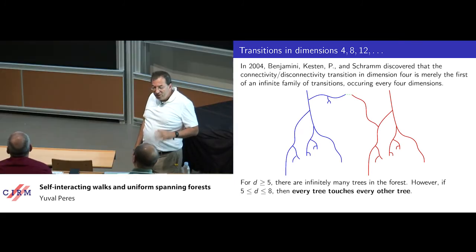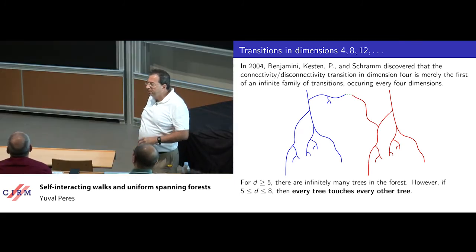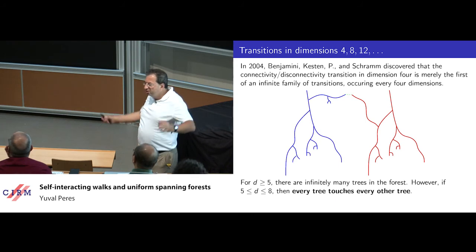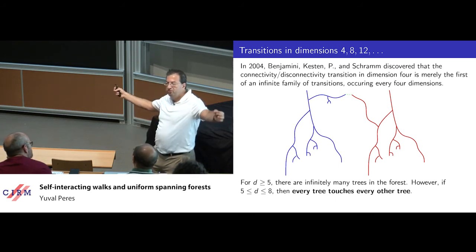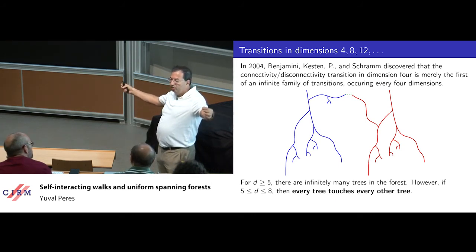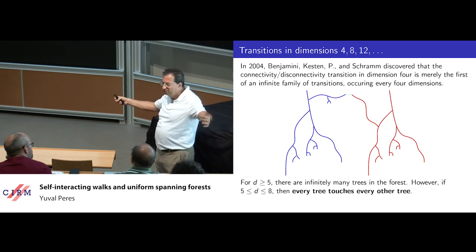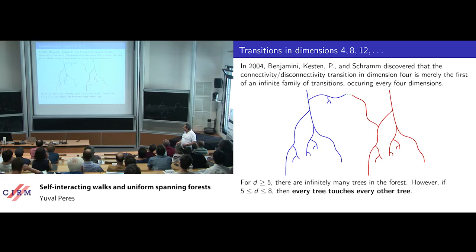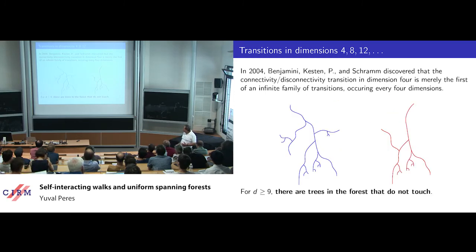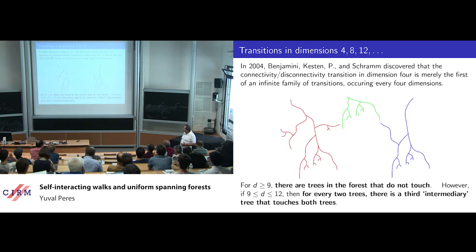And this is true in dimension 5, 6, 7, 8, but it fails in dimension 9. So in dimension 9, if you start at two faraway points and look at their components, with high probability, these components are not adjacent. Okay? So there are lots of trees in the forest that do not touch.